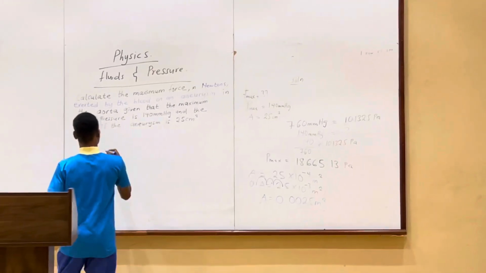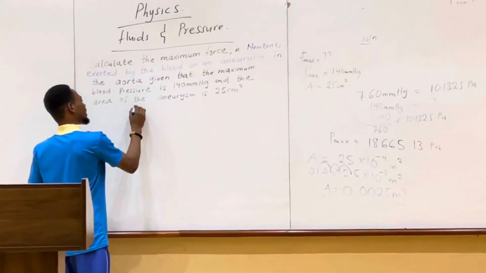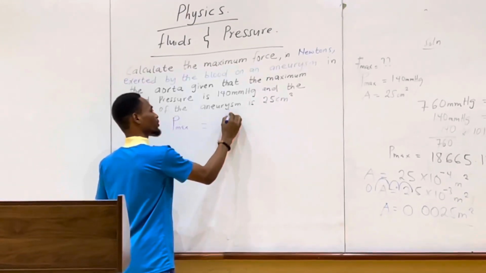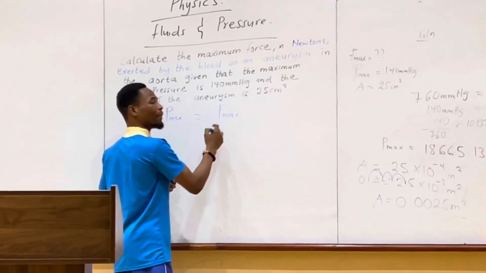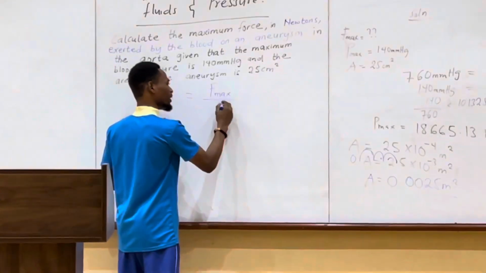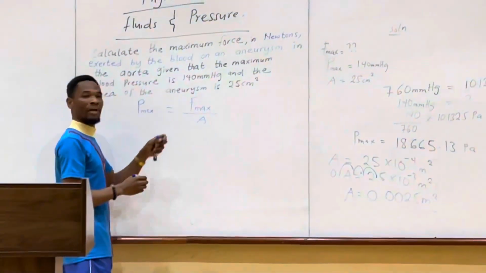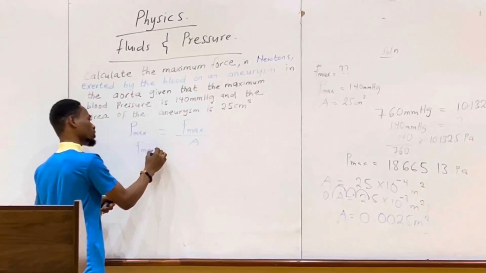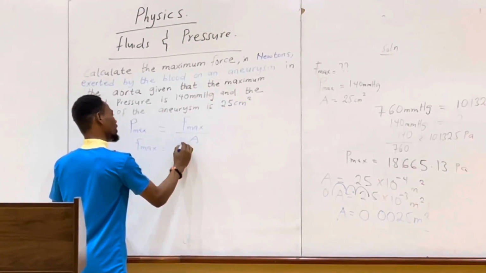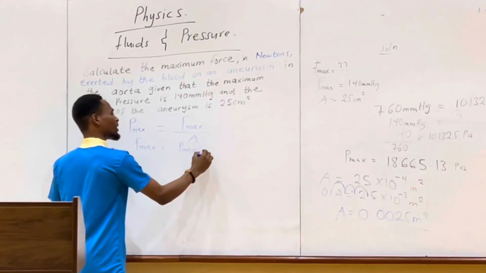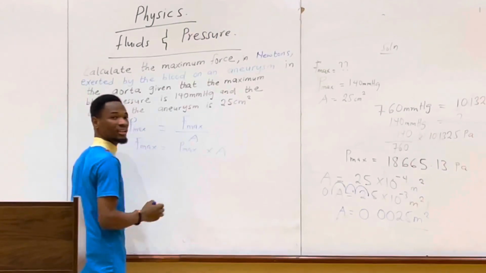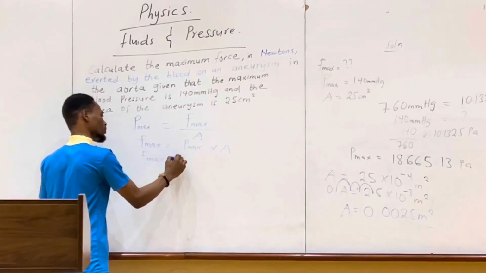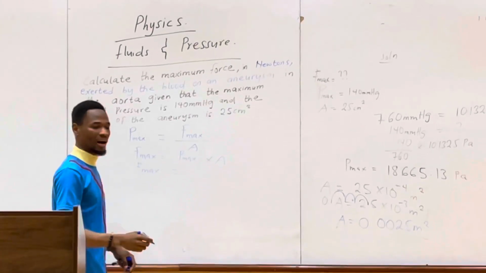So now you know that the maximum pressure will be equal to the maximum force over the area. So if you make maximum force the subject, the maximum force is the same as the maximum pressure multiplied by the area.